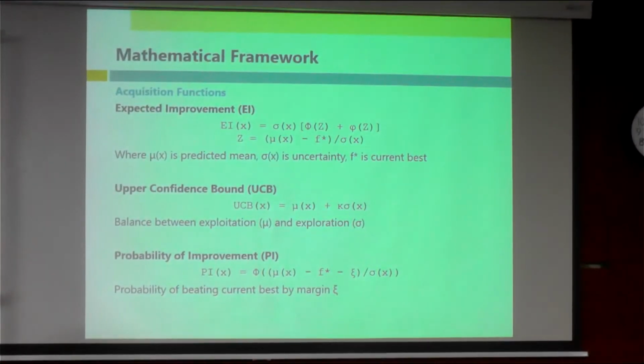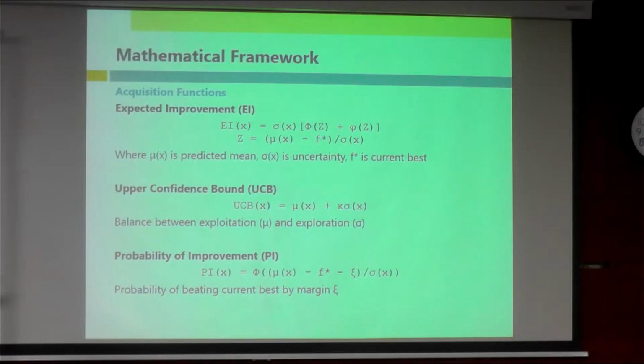So the expected improvement, for example here, EI(x) equals sigma(x) times Z, where Z equals mu(x) minus f*, divided by sigma(x). You see that mu(x) is the model predictive value, sigma(x) is the uncertainty, and f* is the current best result.